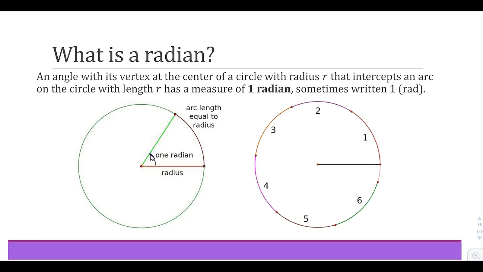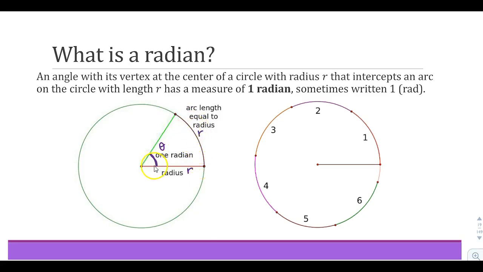So let's say I have this angle right here. I'm going to go ahead and call it theta. I'm going to say that theta measures 1 radian if the radius, which I'm going to call r, is exactly the same as this arc length that the angle intercepts. So this length here is also r.